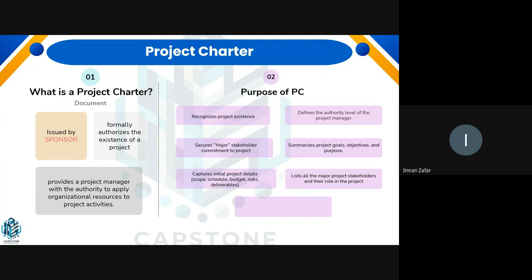It will have a list of high-level or major project stakeholders, which you as a project manager will use going forward to plan your scope, budget, and all the other plans. We will discuss these later. It may also define the high-level role responsibilities of major project stakeholders.